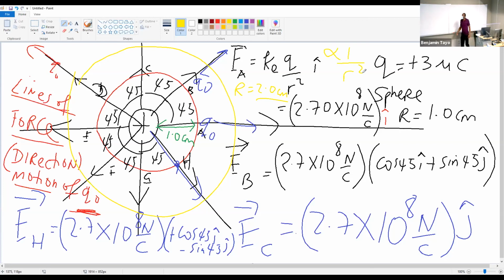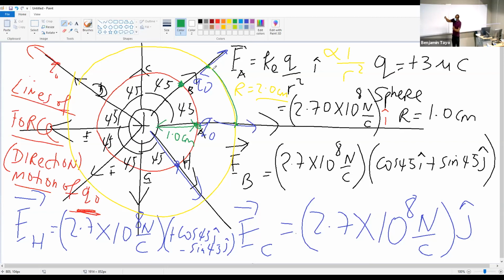Now, you could also see that by looking at this. Let me show you something here. Look at this point, this point, and this point, and then look at this point and this point. You see that the distance between the lines is getting wider as you go out, and that's what tells you that the force is reducing.